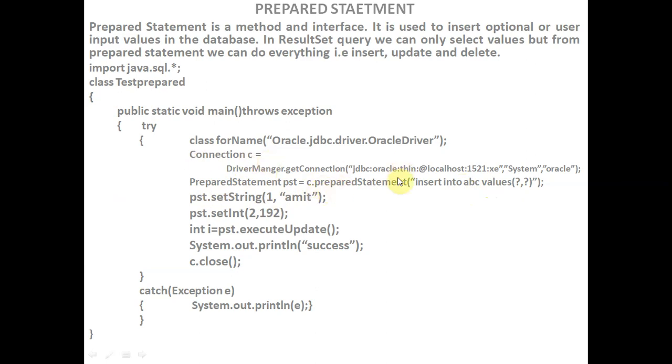So c.prepareStatement("insert into tablename values(?,?)"), and these two question marks are for the two fields. pst.setString for the first field, and its value is Amit, and pst.setInt for the second field, and its value is 192. So we have mentioned two question marks for two fields.